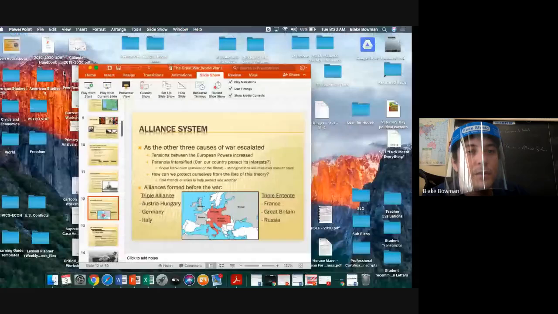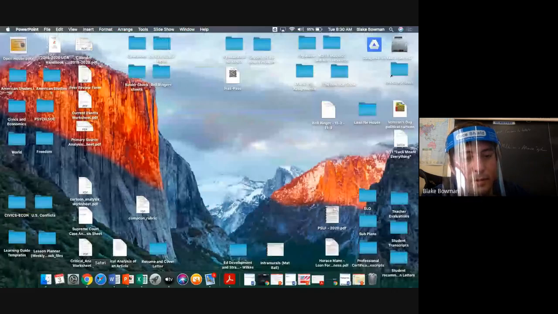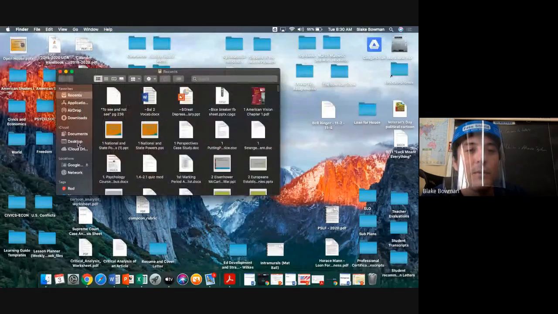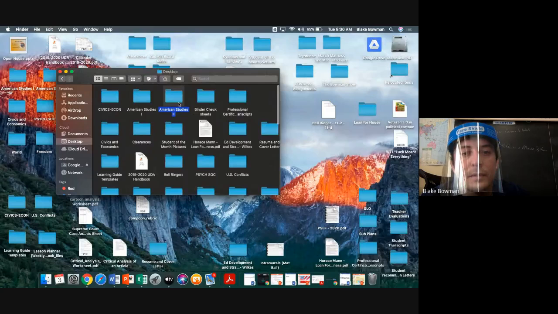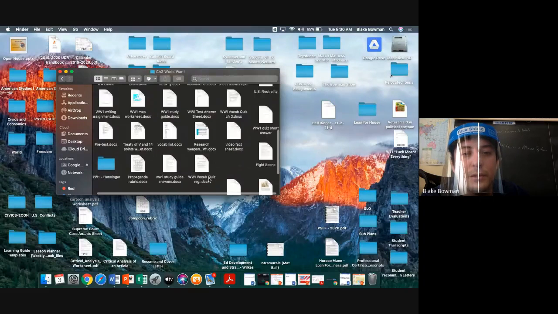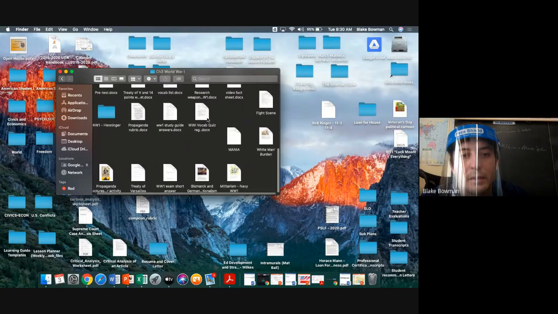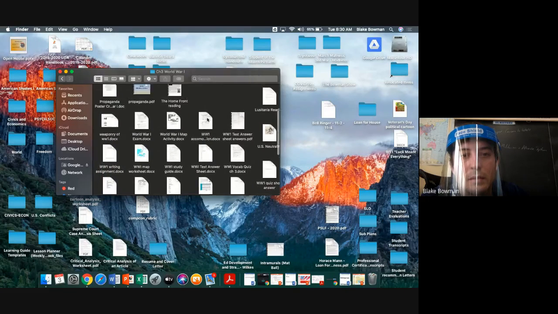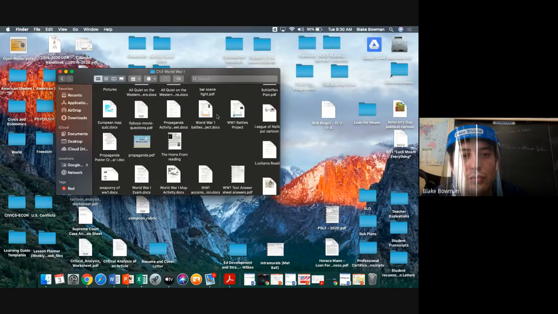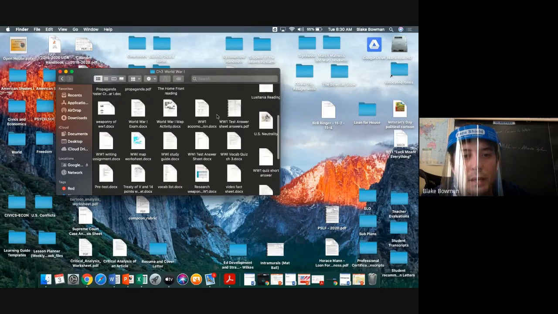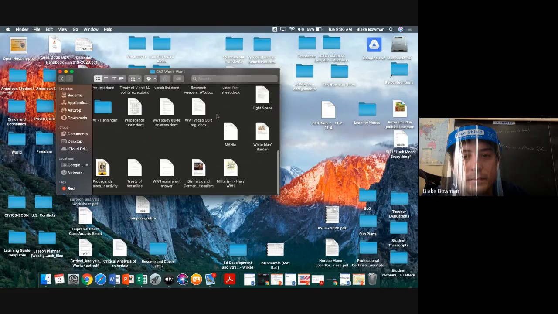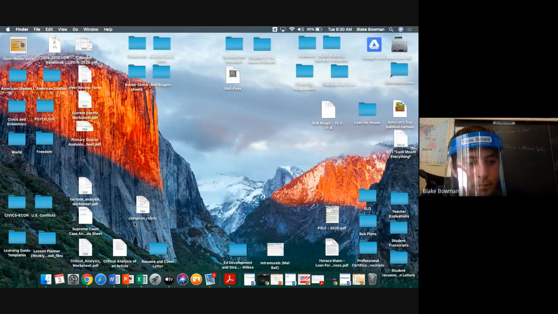All right, so let me get to this here. Just want to show you one picture real quick. Don't worry, you don't have to analyze anything. We'll go over it together. This really shows the alliance system working together. Let me find it. Where is it now? Find this thing.